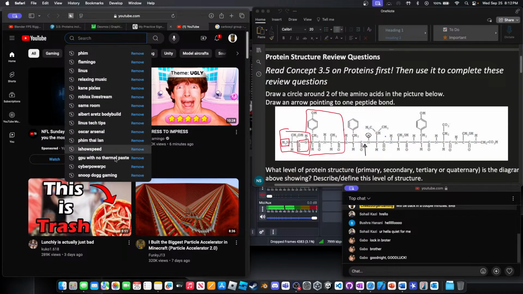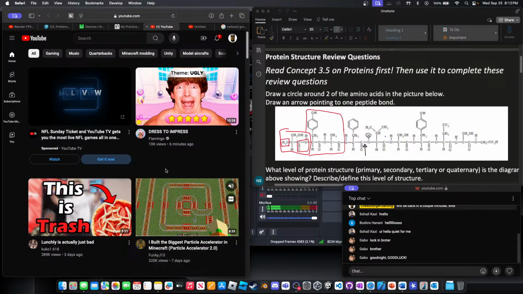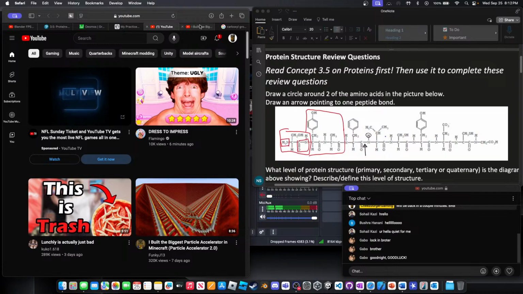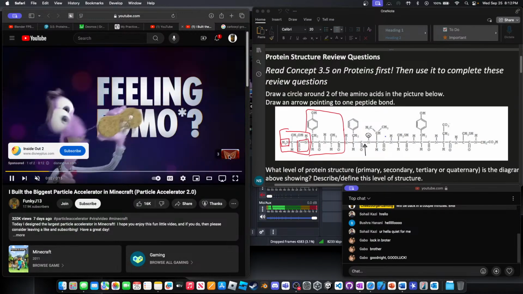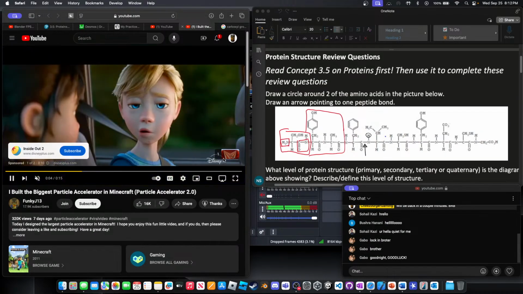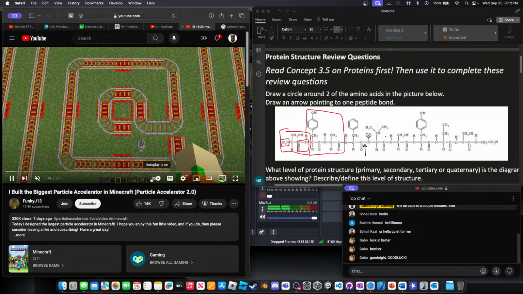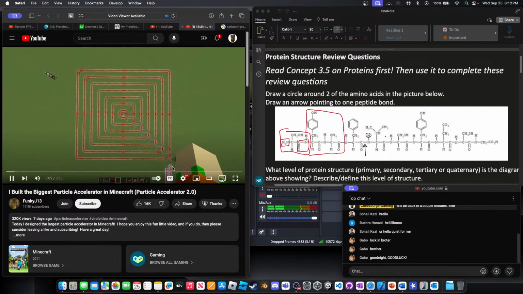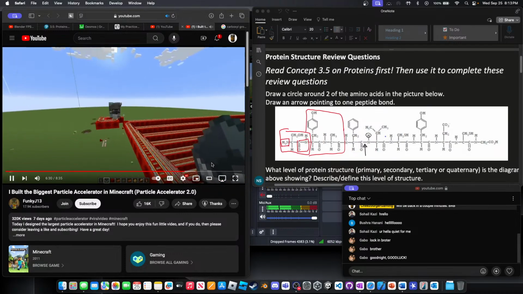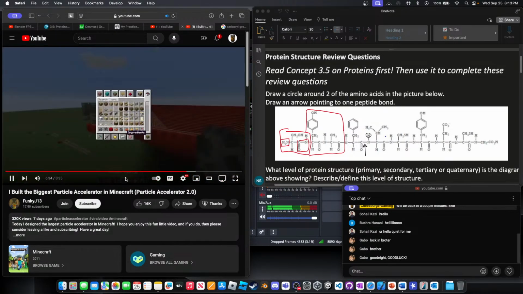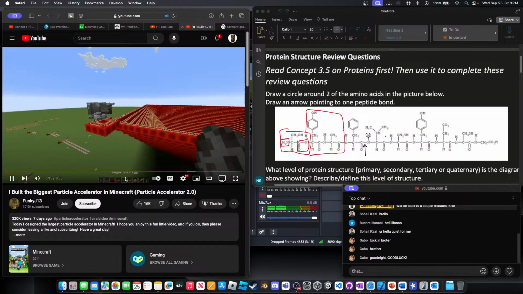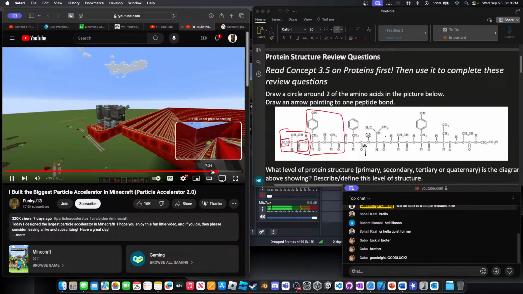Ooh, particle accelerator. Hold on, guys. I gotta check out this Minecraft particle accelerator by FunkyJ13. So like the Ravager, I think, is the heaviest mob that we can put in a minecart.